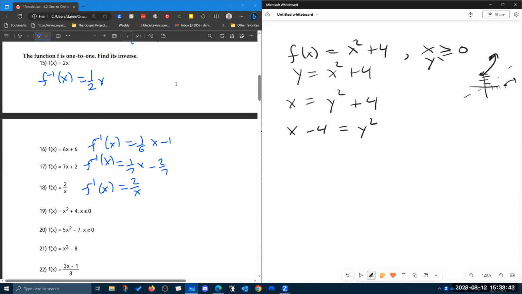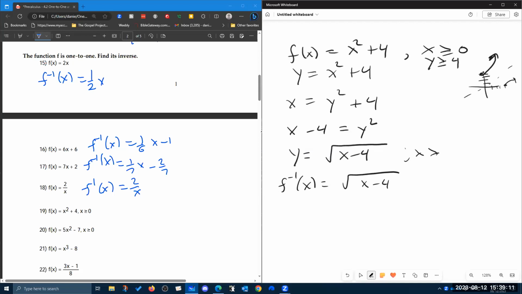This one was y greater than or equal to 4 for the range. Y equals the square root of x minus 4. This is my inverse function. But remember that my range becomes my domain and my domain becomes my range.